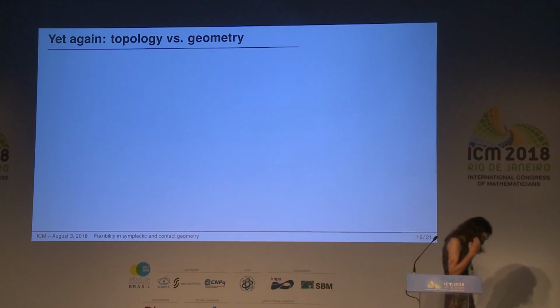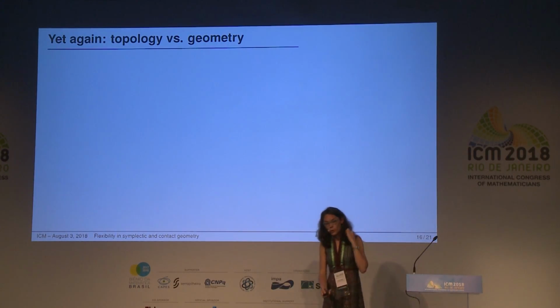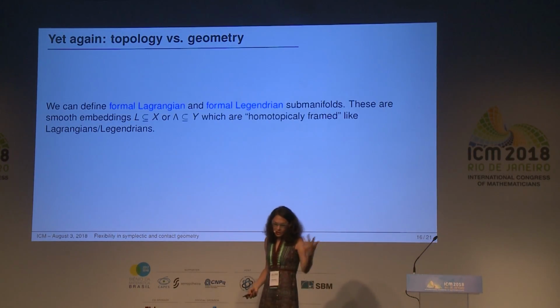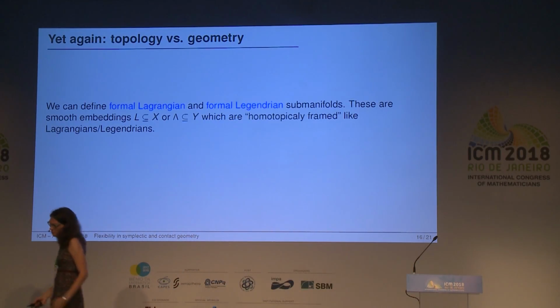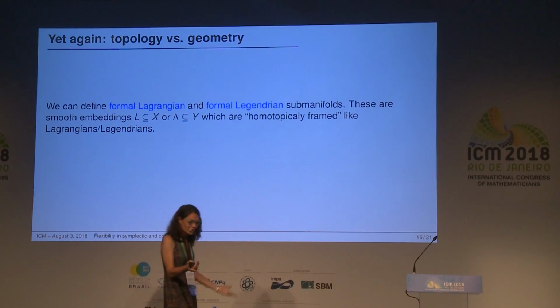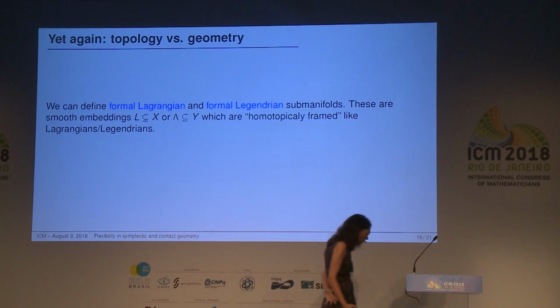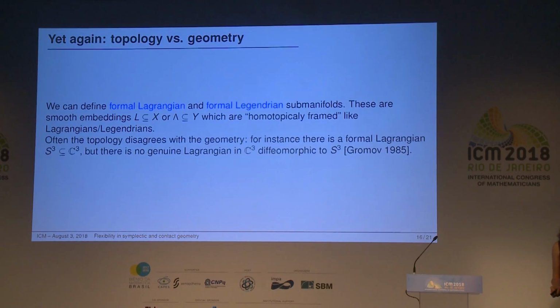So, yet again, we can ask similar questions, just as before, comparing the geometric questions to topological questions. So there's such a thing as formal Lagrangians and formal Legendrians. I won't formally define them here, but roughly they're smooth submanifolds which have the right framing.